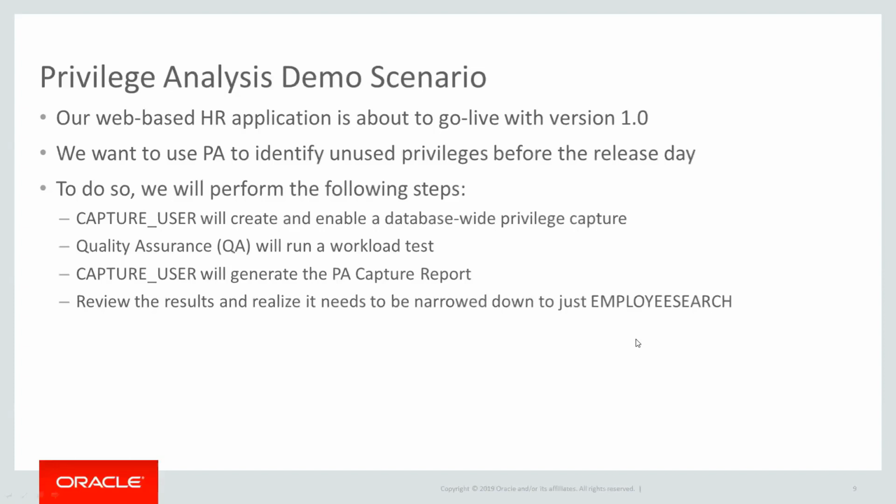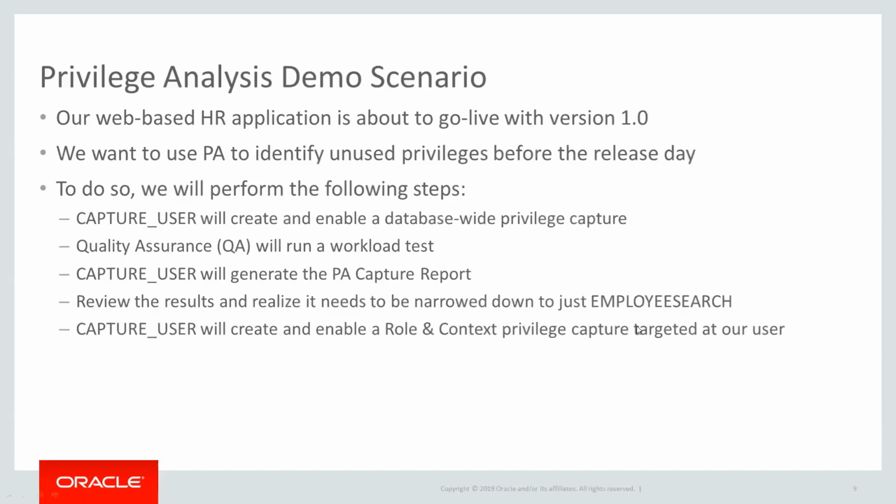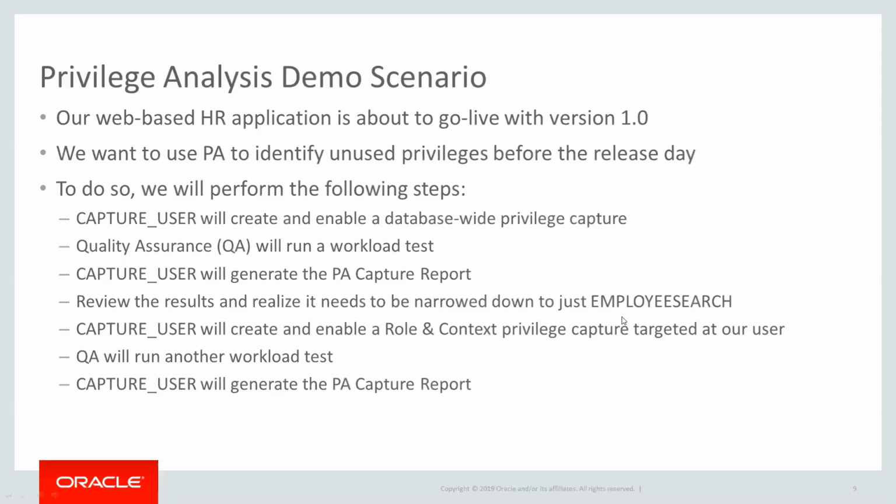We're going to review the results, and then, a little bit of foreshadowing, we're going to realize that we want to narrow it down a little further, and we're going to do it again, but we're going to narrow it down to the role in the context based on our user. So we'll have QA run another workload test. We'll have the capture user generate the report again, and then we'll review the results.